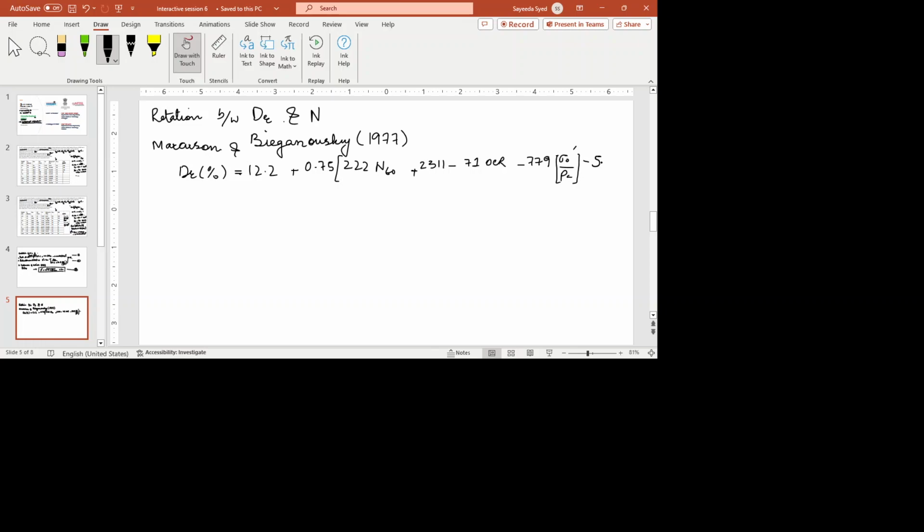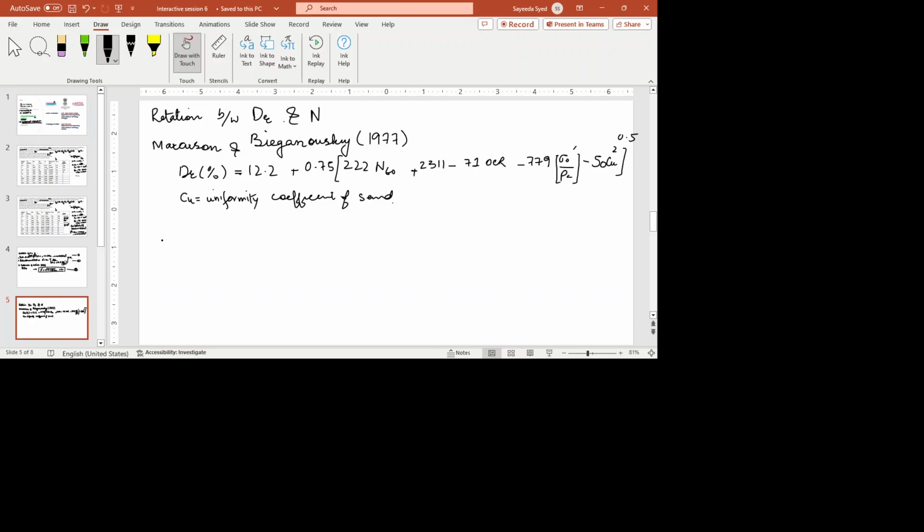Minus 50 times Cu square, whole raised to power 0.5. Cu is the uniformity coefficient of sand. PA is the atmospheric pressure.